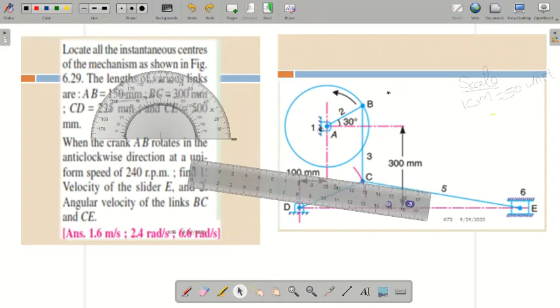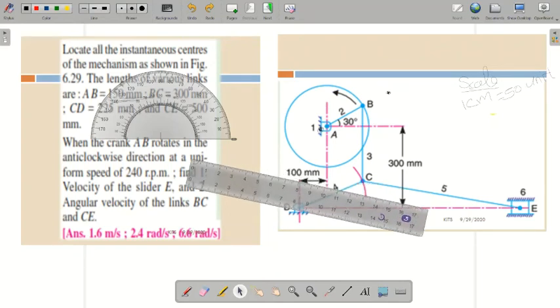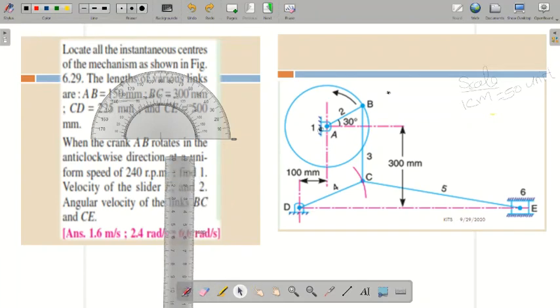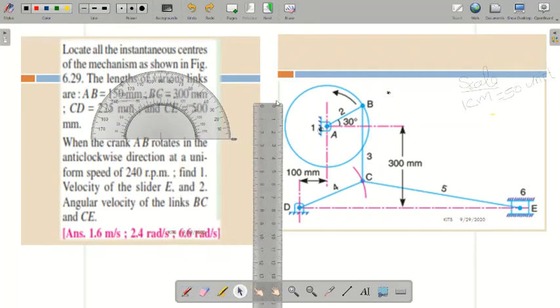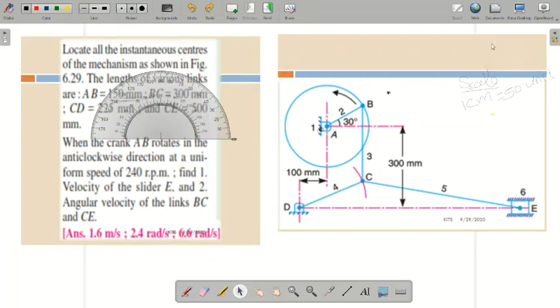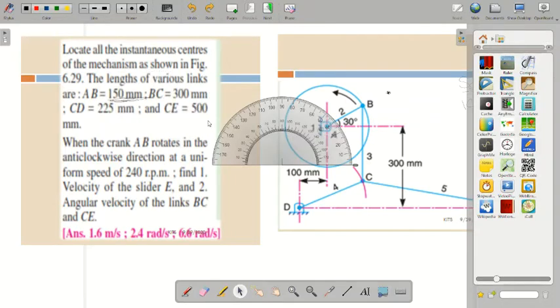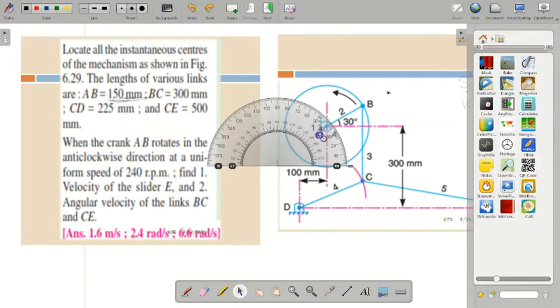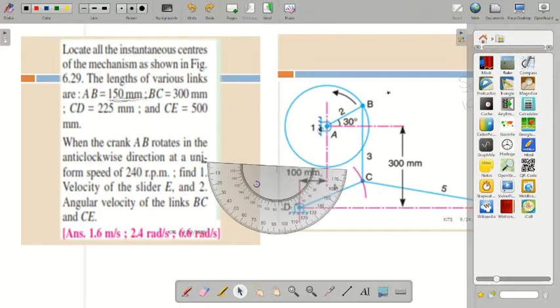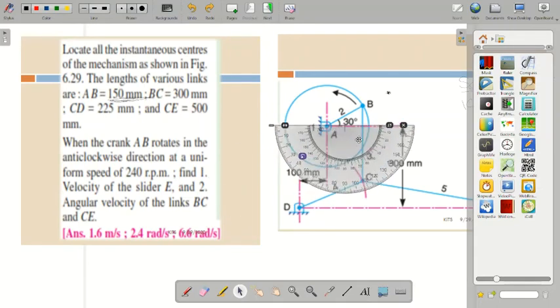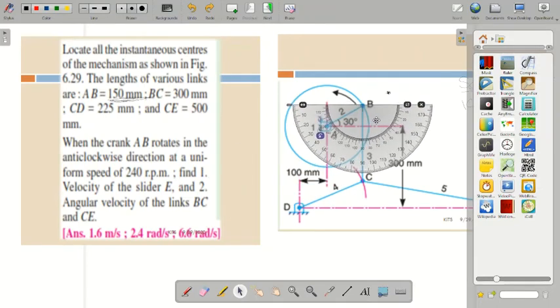After drawing this 3 centimeter line, you have to keep your scale perpendicular. Keep it at this place and mark 90 degree.